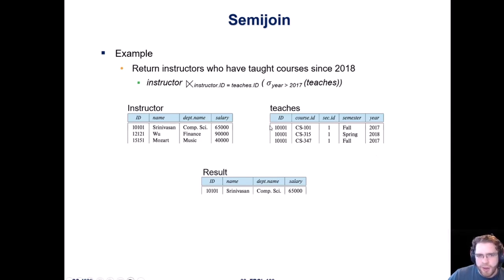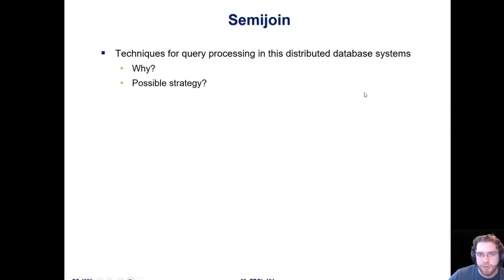So here's the actual syntax for it again. It's instructor semi-join on the instructor ID and teaches ID, and select where the year is greater than 2017 in the relation teaches.